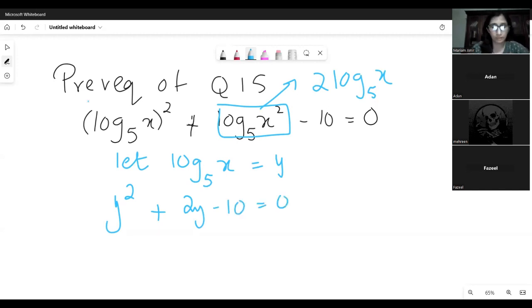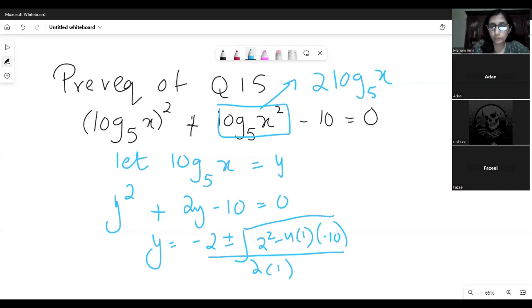Solve this. I'm going to directly use my calculator, although you have to be very careful if you're doing that. Here decimal values are coming, so I'll have to show the quadratic formula. y equals minus b plus minus square root of b square minus 4ac upon 2a.